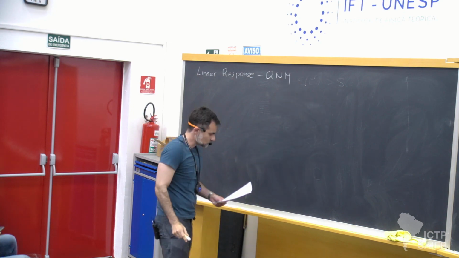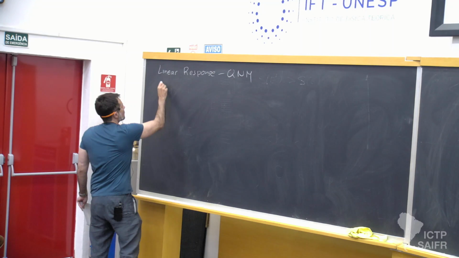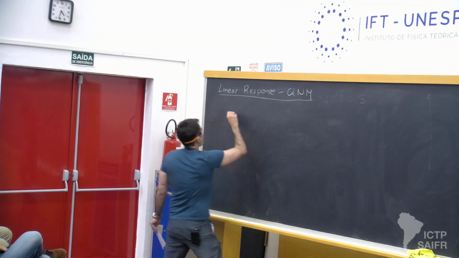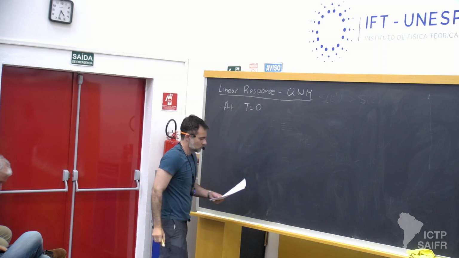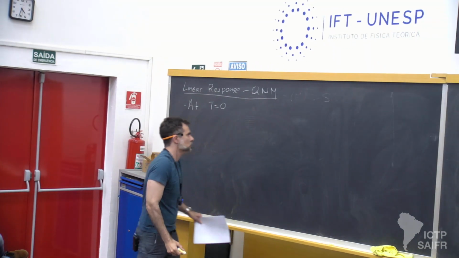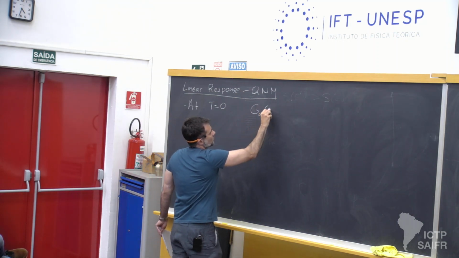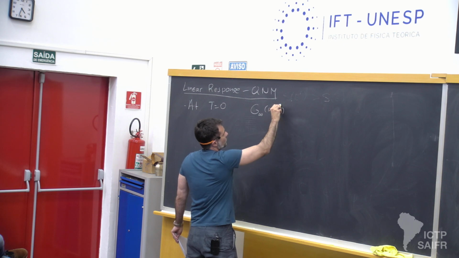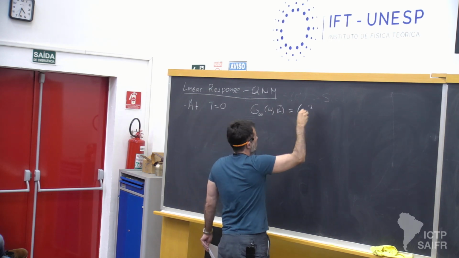Okay? So at exactly T equals 0, at 0 temperature, let's take some simple case. The retarded Green's function of some operator of dimension delta in a CFT, and I want to write it in the frequency and wave vector space.